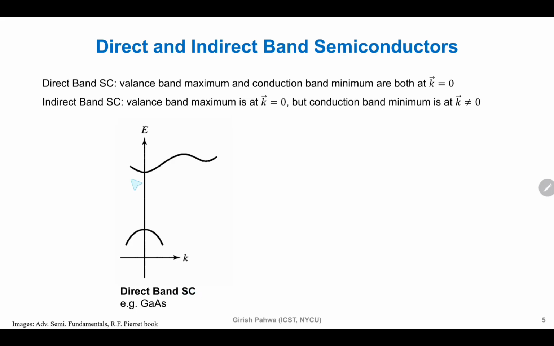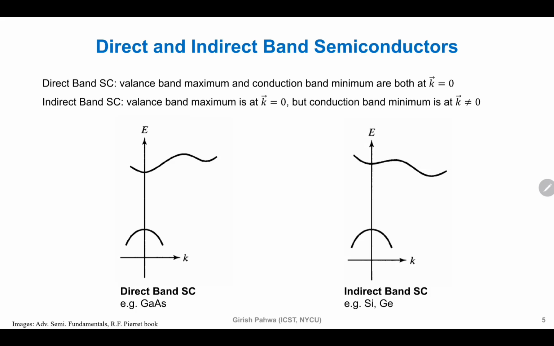So for a direct band gap semiconductor, you have an E-k diagram. At k equal to 0, the valence band maximum and the conduction band minimum align, so that's a direct band gap. And this is the case for gallium arsenide. For an indirect band semiconductor, the valence band maximum is at k equal to 0, but the conduction band minimum, say there are two minima, but this is the minimum of the conduction band.